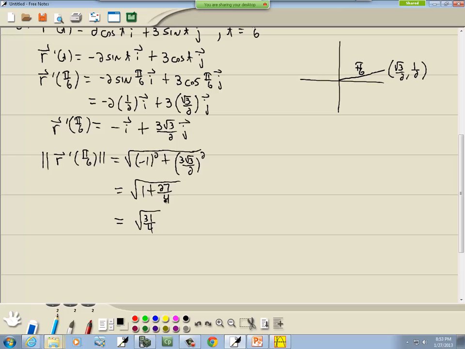It's a mixed number: 1 times 4 is 4, plus 27 is 31, which I can split up: square root of 31 over square root of 4, which gives us square root of 31 over 2.